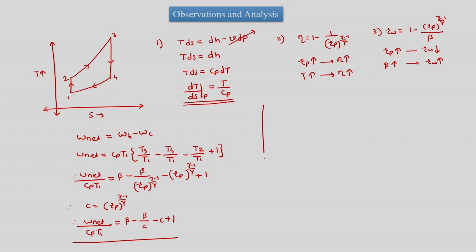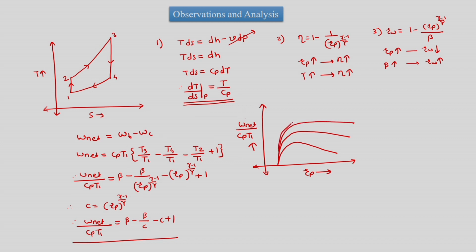So this would be W net upon Cp T1 on the y-axis and Rp on the x-axis, and we would get something like this. This is for a particular value beta 1, this is for a particular value beta 2, and then this value is beta 4, where betas are increasing in this direction.